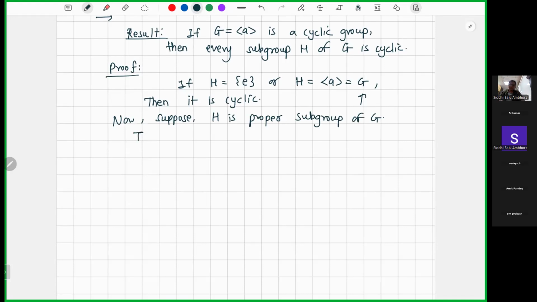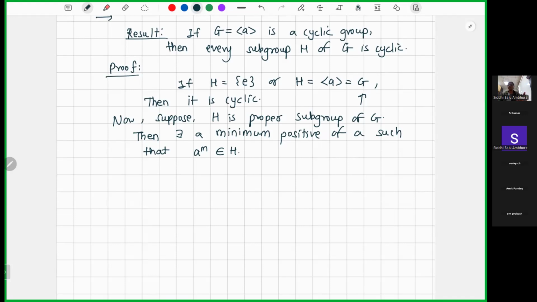Okay, so what we do is, there exists a minimum positive power of A such that A power M belongs to H. This exists, because if A belongs to H, then it becomes the whole G. We can in fact assume this positive power to be greater than or equal to 2, but we don't need to mention it here.